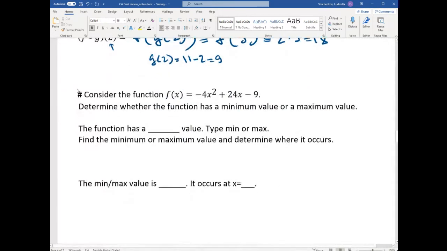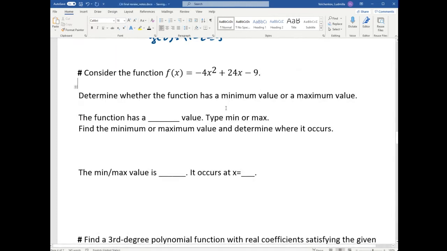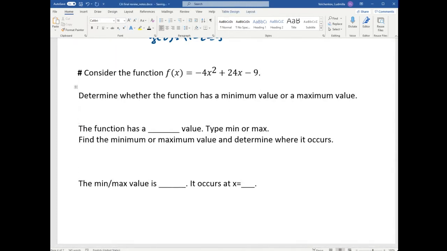Quadratic function. Determine whether the function has a minimum value or a maximum value. So the function has a leading coefficient equal to -4.